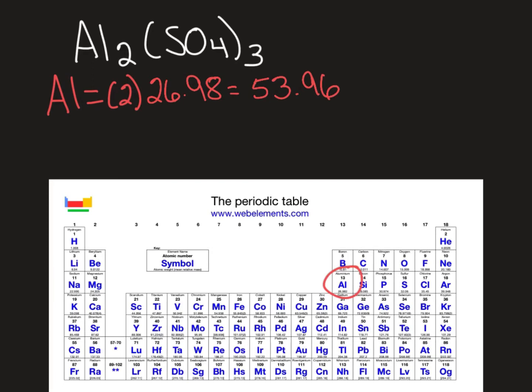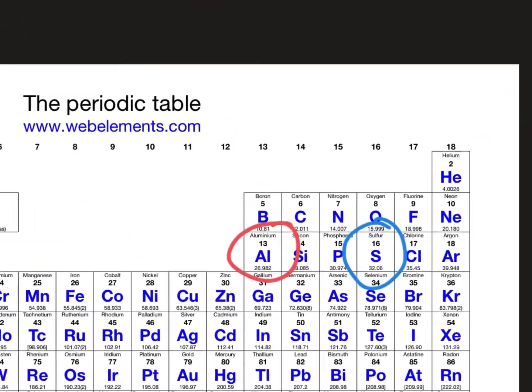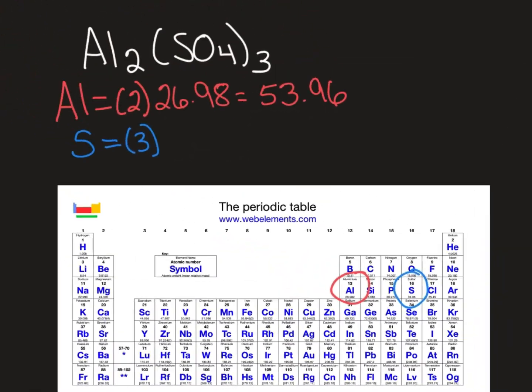So let's move on to sulfur. So sulfur has 3 atoms, so I'm going to put that in parentheses. And then I look on the periodic table, and the number on the periodic table that I need is 32.06.